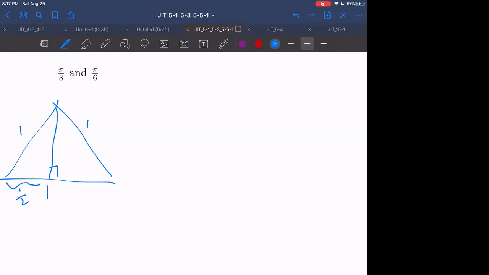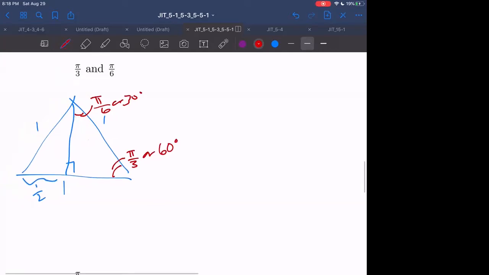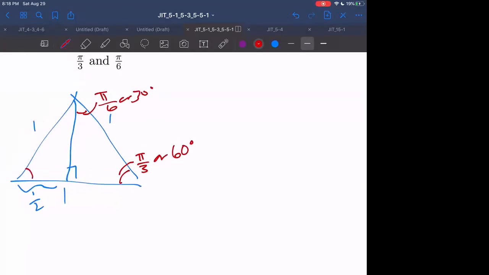All right, and then I've got this angle up here is pi/6 or 30 degrees. This angle down here is pi/3 or 60 degrees. Okay, and this is kind of just a trademark of these triangles. And so then we can just say we've got theta over here. And this side would be our opposite of theta.